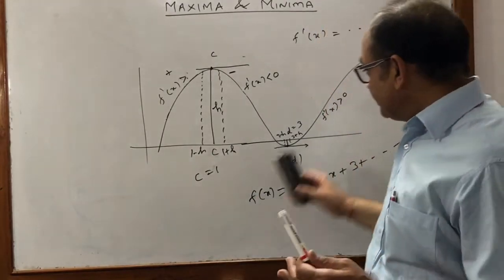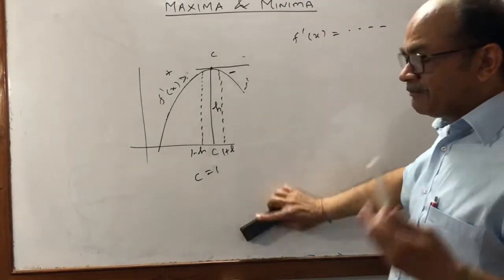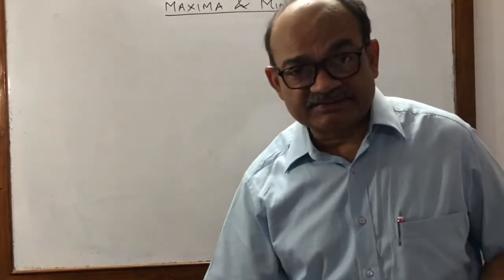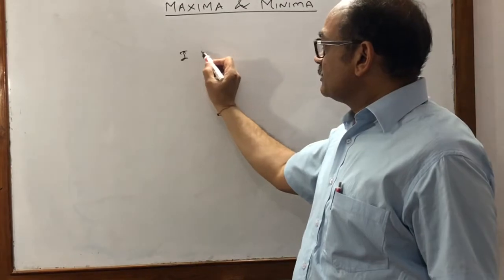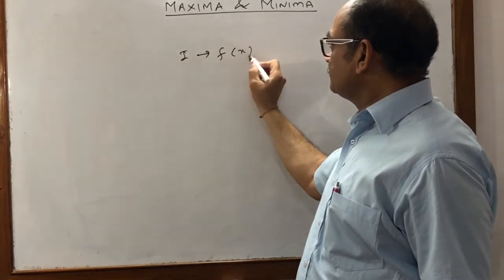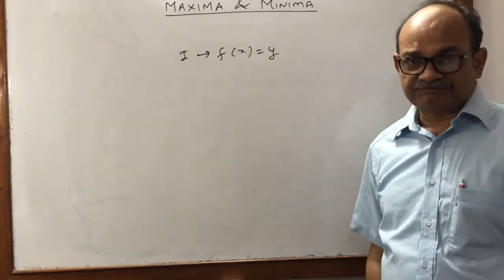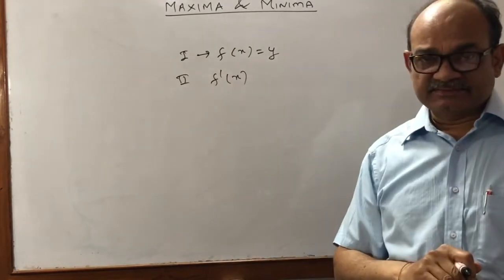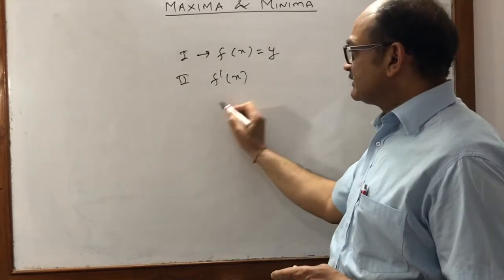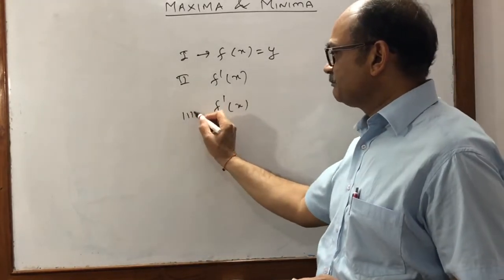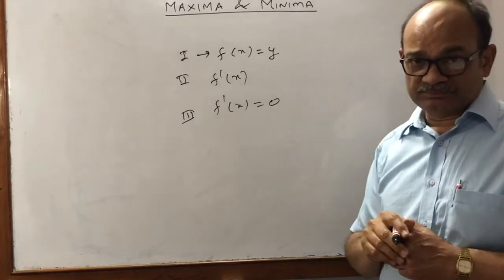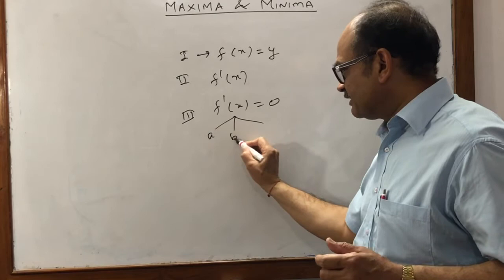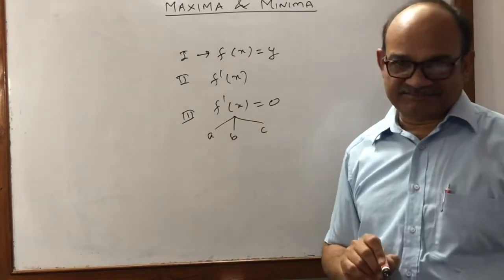So what we are using in maxima and minima in our syllabus is the second derivative test. First step, the function is given to you, y equals f(x). Second step, you have to calculate f dash x. Third step, compare this f dash x with 0 and calculate the critical points, same as in increasing and decreasing.